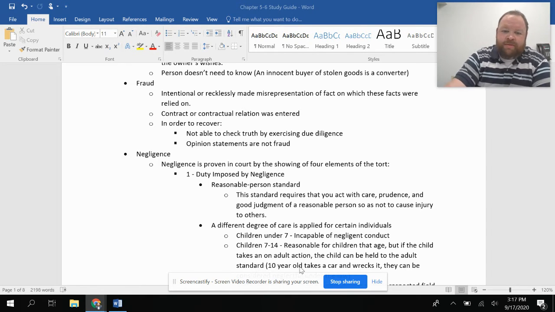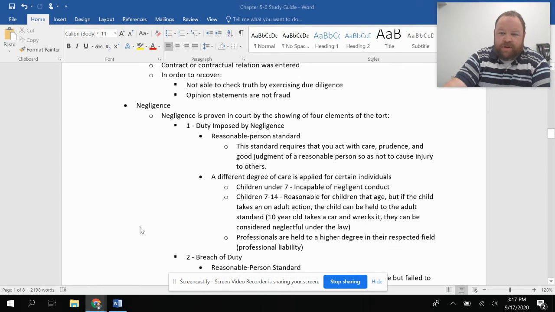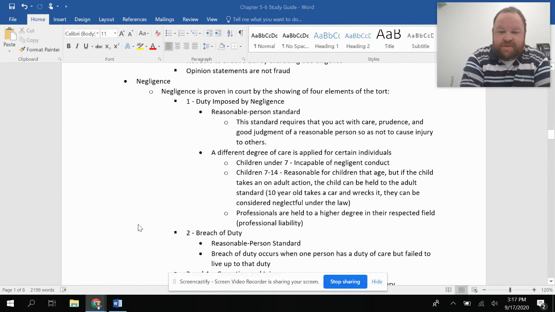All right, so you look at 4 elements of negligence. The first one is duty imposed by negligence. So you look at the reasonable person standard. The standard requires that you act with care, prudence, and good judgment of a reasonable person so as not to cause injury to others. Different ages and professions have different degrees of negligence.